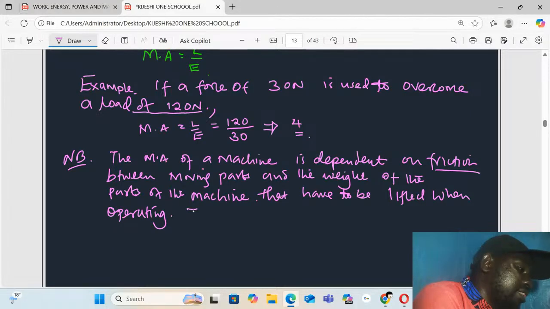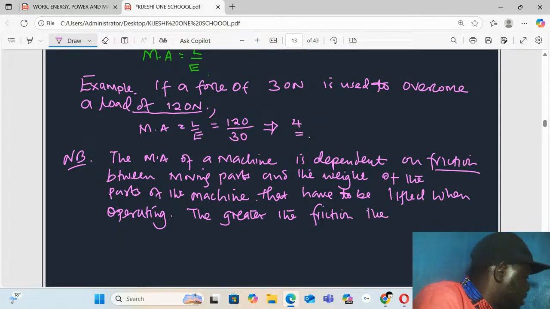The greater the friction, the smaller the mechanical advantage.